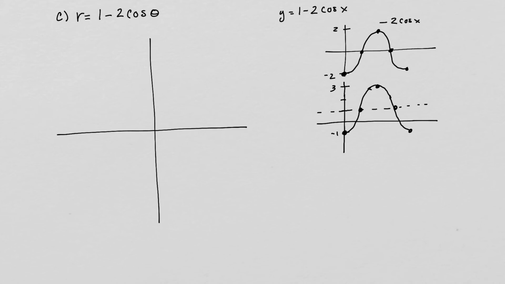And this point here was at 2 pi. This is pi. This point here is at pi over 2. And this point here is at 3 pi over 2. Now, there's two other points that I don't know exactly what they are without doing some algebra, this point here and this point here.